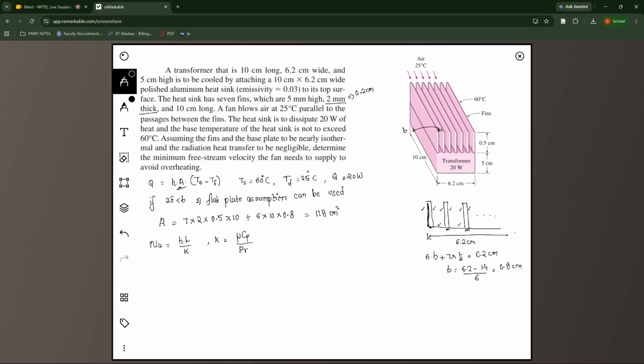And the values of thermophysical properties you can take from whatever I discussed previously. I have given you the correlations for that, where mu is given by, maybe I should have used different notation. So let's call this free stream temperature T infinite, and Tf is the film temperature.